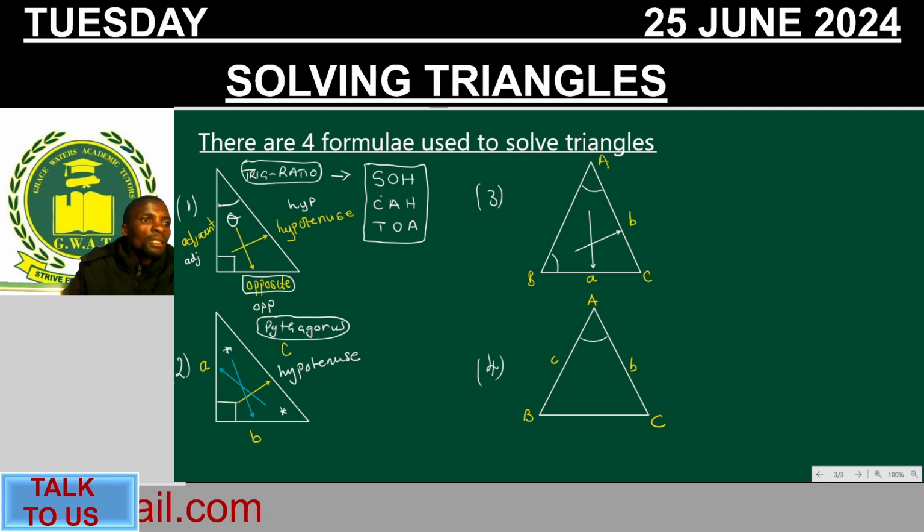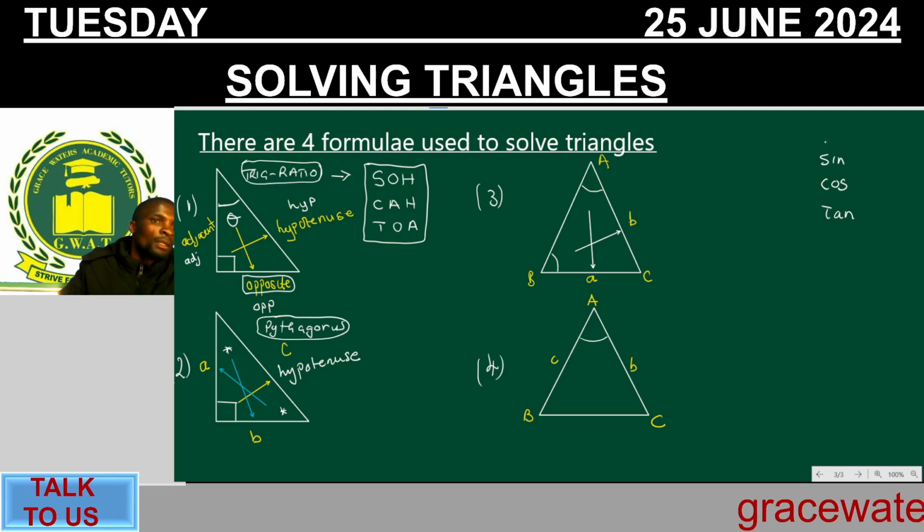Meaning to say, these are using the trig ratios of sine, cos, and tan. And sine, cos, and tan, these trig ratios, you find them from your calculator.